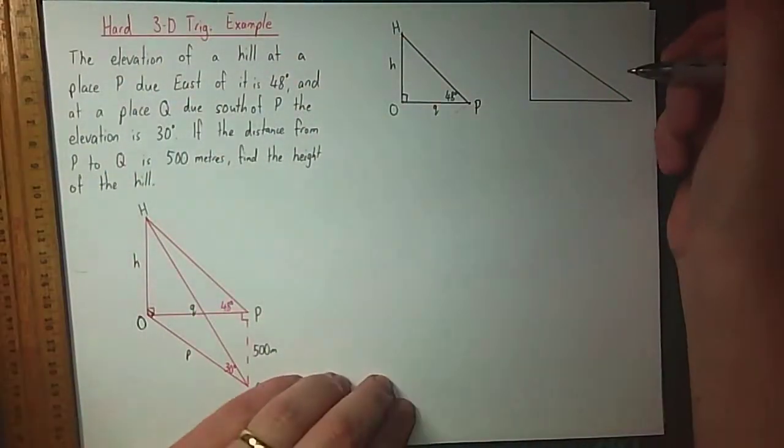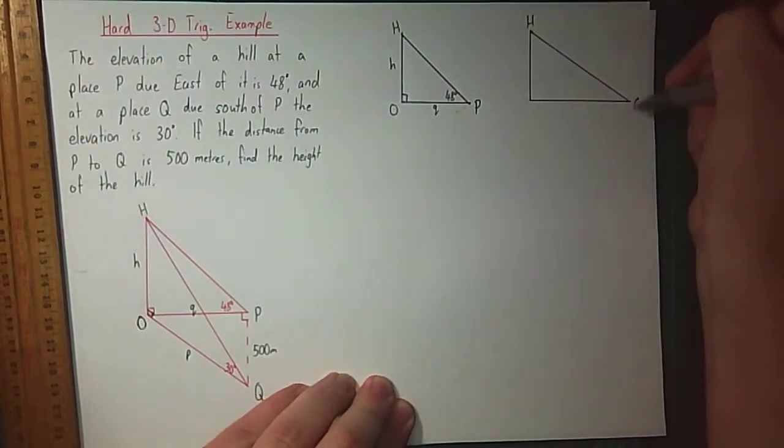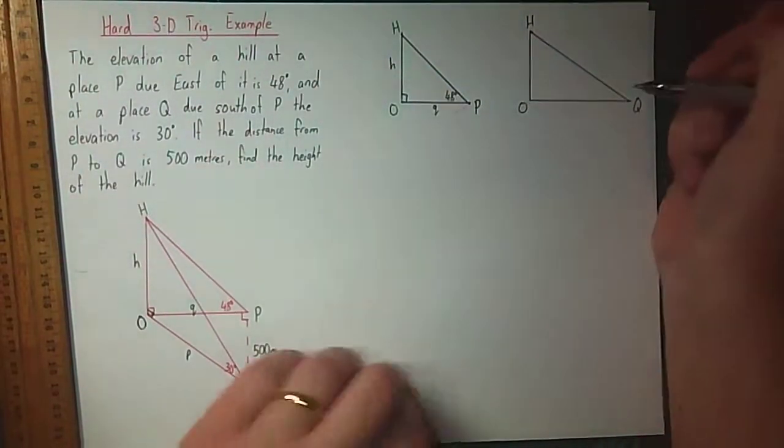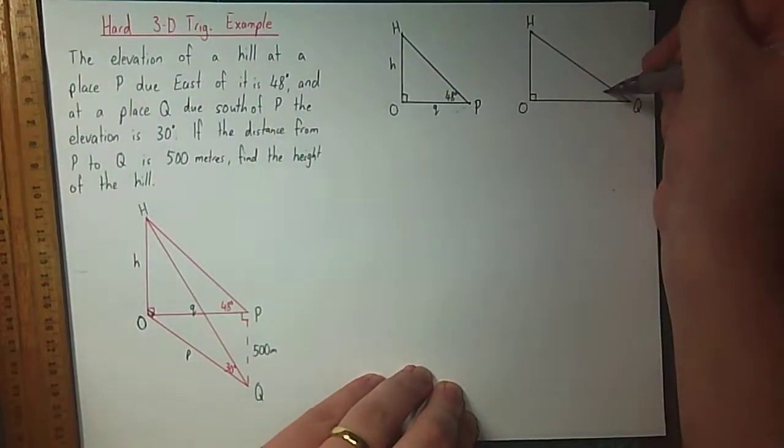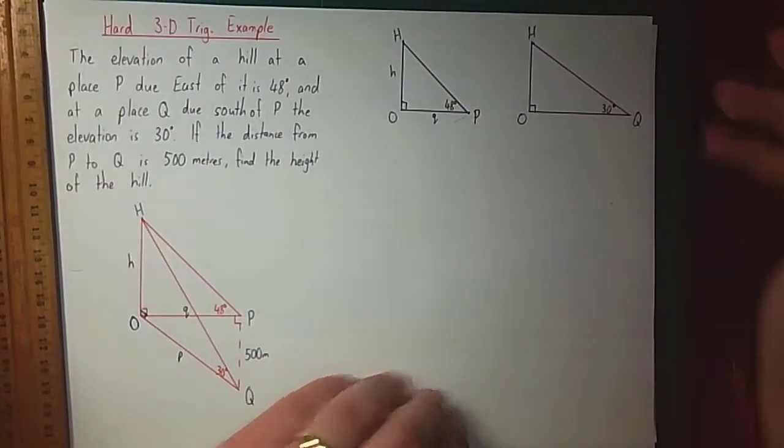For this one, we're going to have point H, point Q, and O. This is also a right angle triangle with an angle of 30 degrees there.